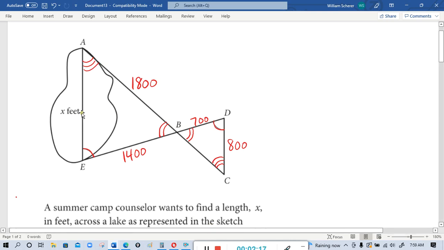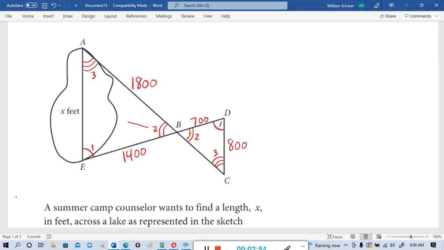We want to solve for X, so we can set up a ratio and proportion. With the 1 mark, we'll call that angle 1, we'll call this angle 2, and we'll call this angle 3. If it helps you, I'll just write that little number there. Now we want to do the same thing on both triangles.